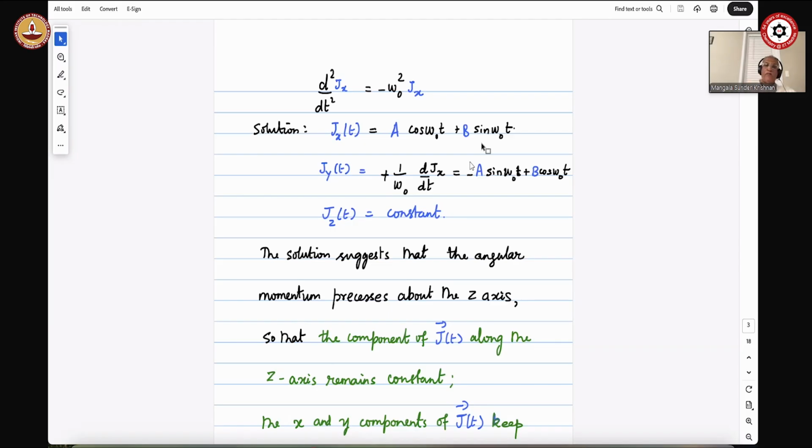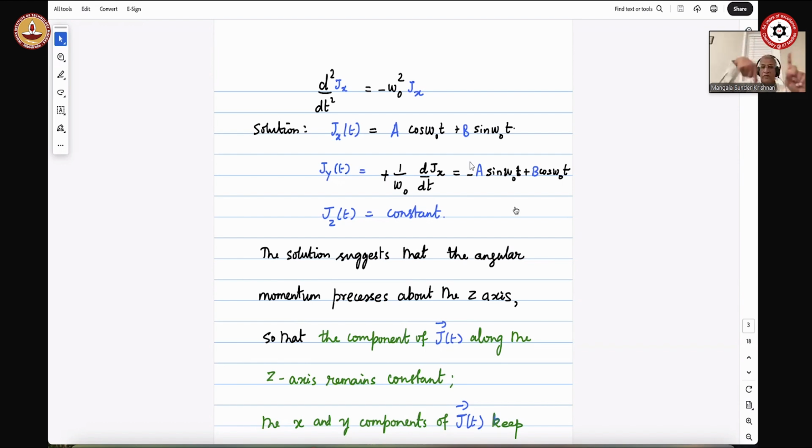They go as cosine omega t. So let me just show: the magnetic moment is like this in the field. Its z component is this. That doesn't change. But the spin precesses around the magnetic field, so that the x component and the y component are following the precession.